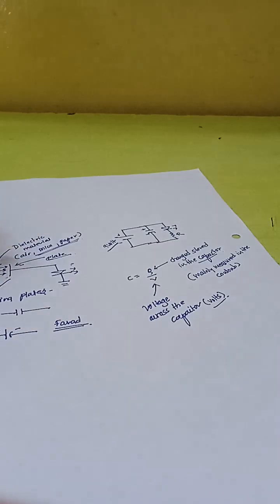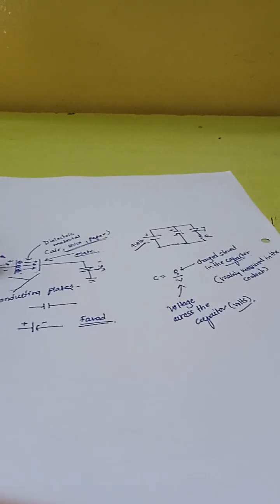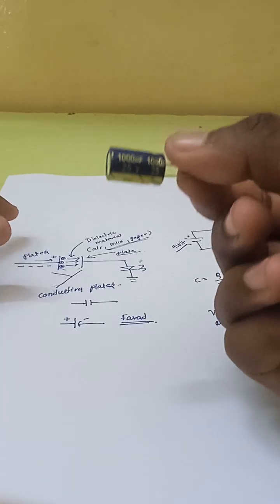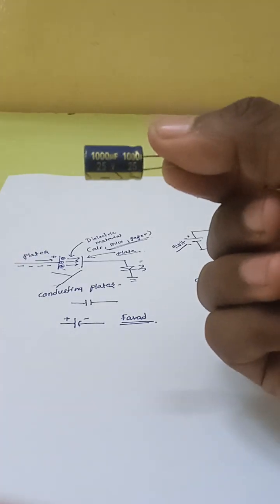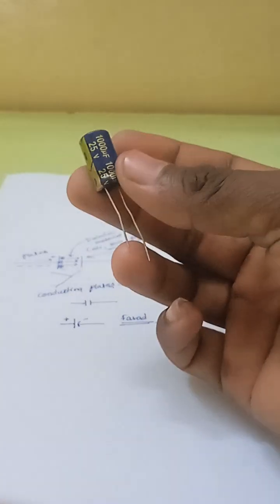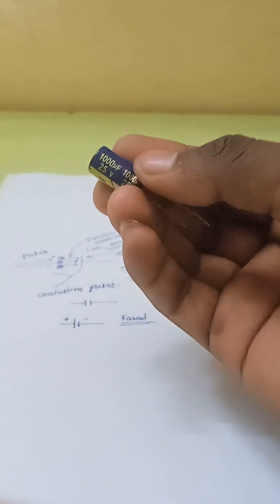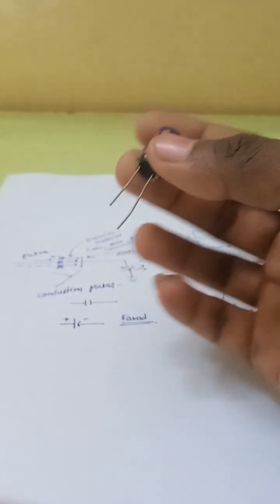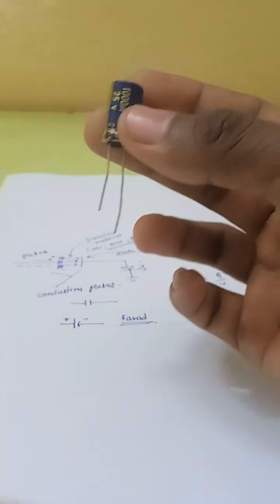Now I have a capacitor, one polar capacitor. You can see it, I can focus on it. This is a 1000 microfarad, 25 volt capacitor, and it has two terminals.